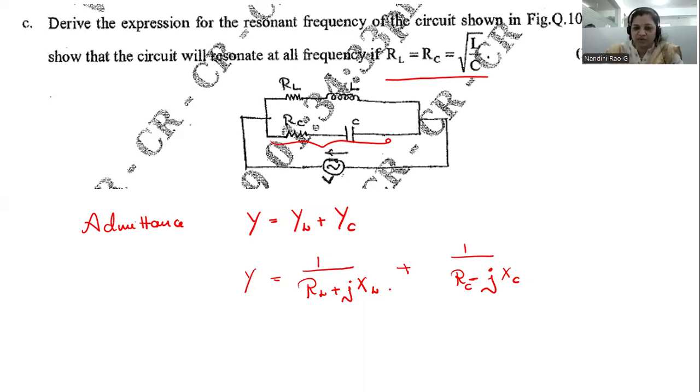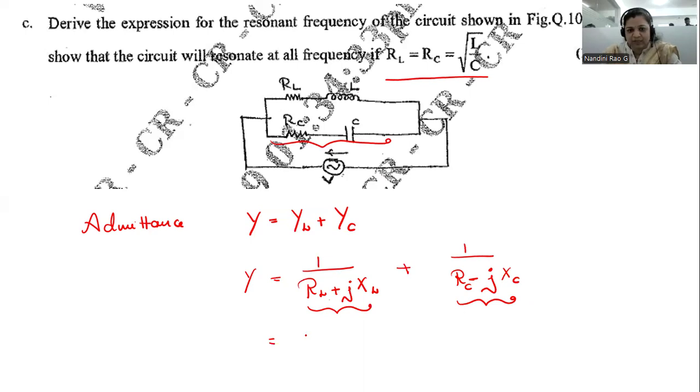So this is your overall admittance. Now what are we going to do? We do not want an imaginary term in the denominator, because it is going to make our calculation difficult. So I'll multiply and divide by the complex conjugate.